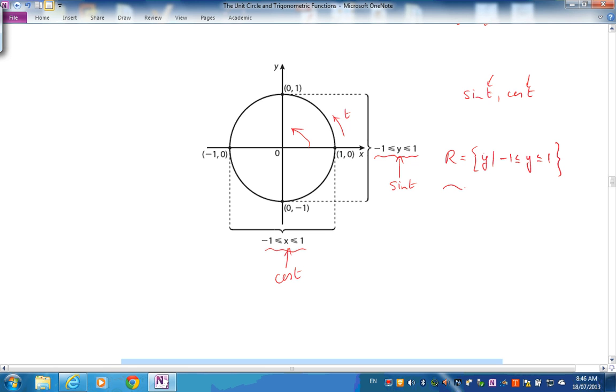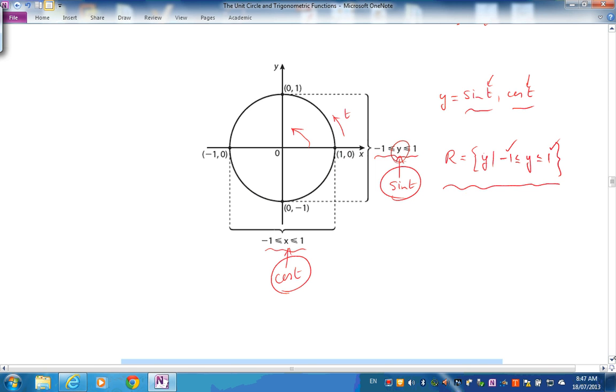So that's the range statement for y if we're calling y equal to sine t or cos t, not confusing it with this y here, which is the y coordinate of the point. So for the range of the function, you can't get a value bigger than 1 and you can't get a value smaller than -1 for either sine or cosine, because it's locked into the unit circle here.